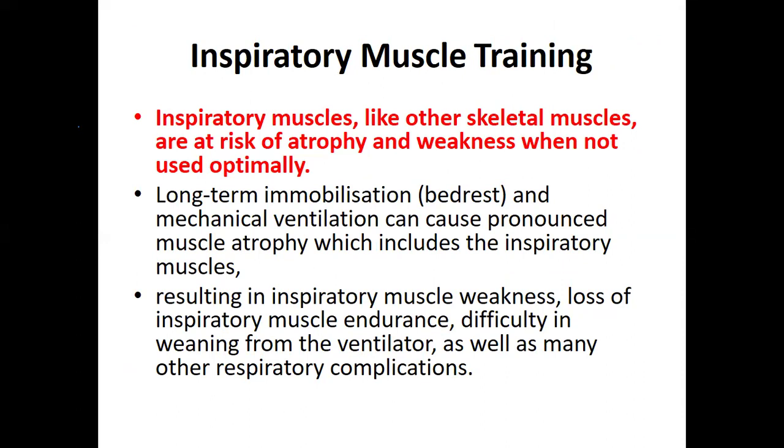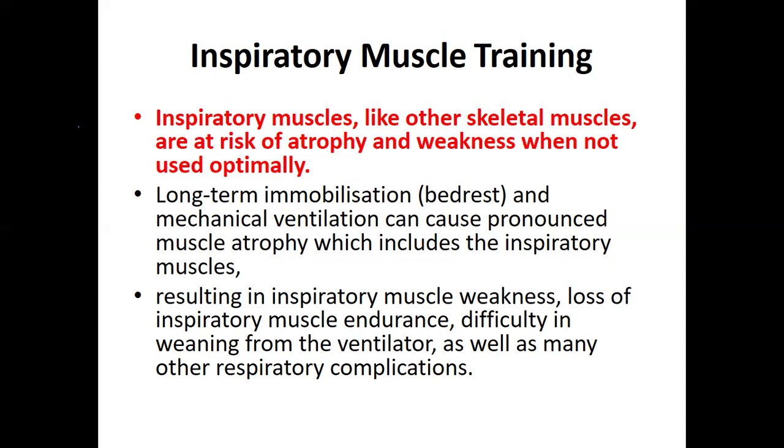Inspiratory muscle training is also very important, in which inspiratory muscles, like other skeletal muscles, are also at risk of atrophy and weakness when they are not used optimally. Long-term immobilization, that is bed rest, and mechanical ventilation can cause pronounced muscle atrophy, which includes the inspiratory muscles, resulting in inspiratory muscle weakness.